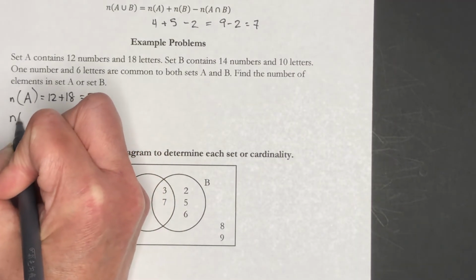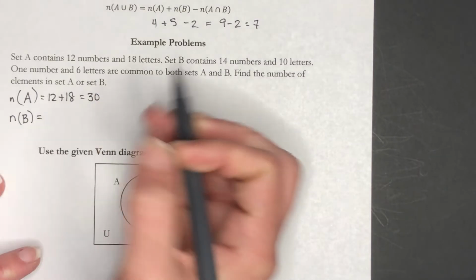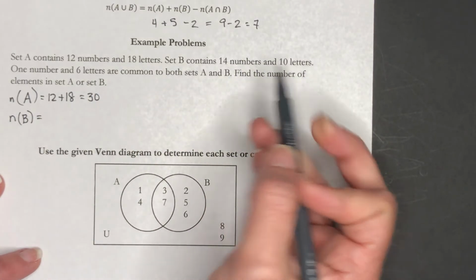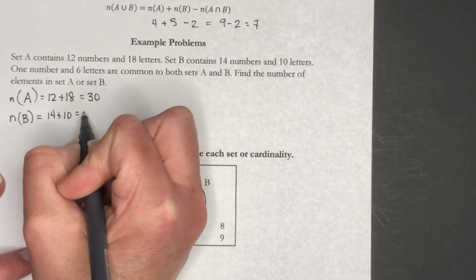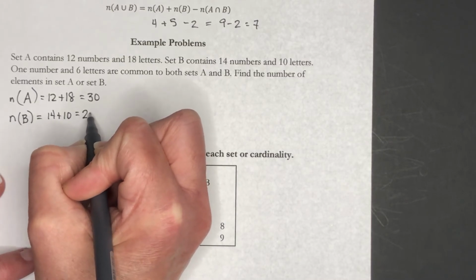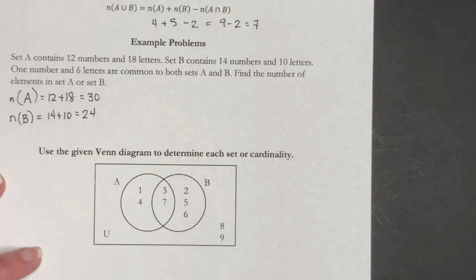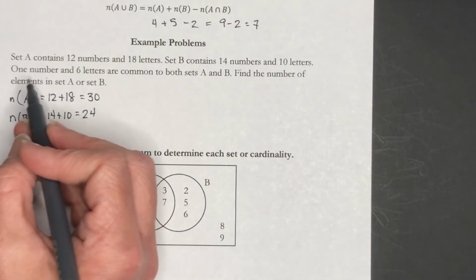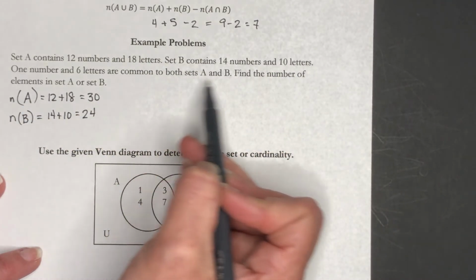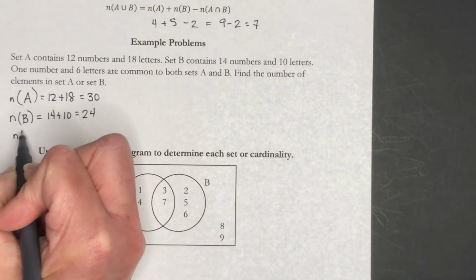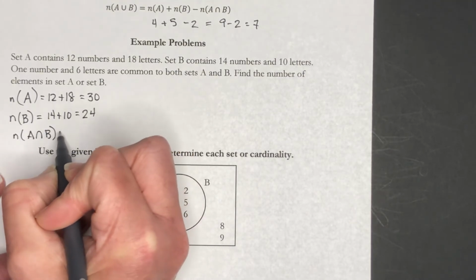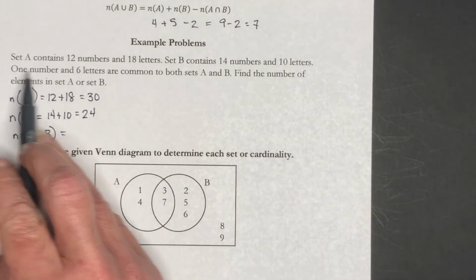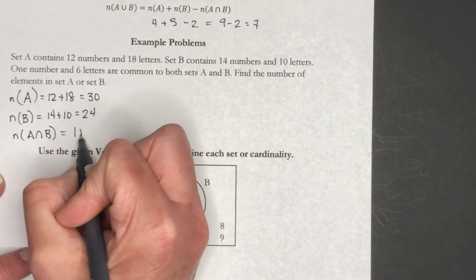All right, the number of elements in B is 14 numbers and 10 letters. So 14 plus 10, that's 24 elements. Okay, and then the number in common to both would be A intersected with B, is 1 number and 6 letters.